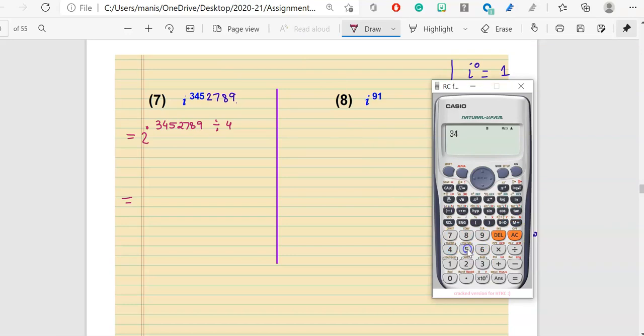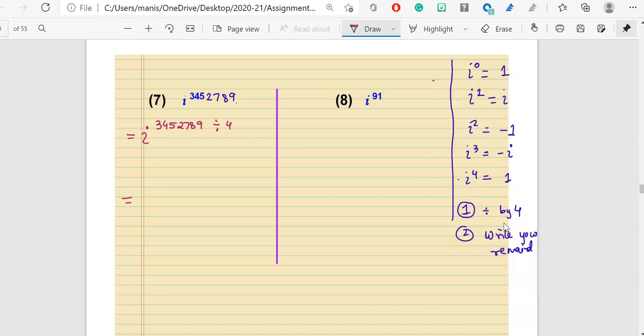3, 4, 5, 2, 7, 8, 9. Am I right? Yeah. I will divide this by 4, same thing I'm doing all the time. And what is the answer? Do not worry, I don't need this answer 863197. What I need is 0.25.